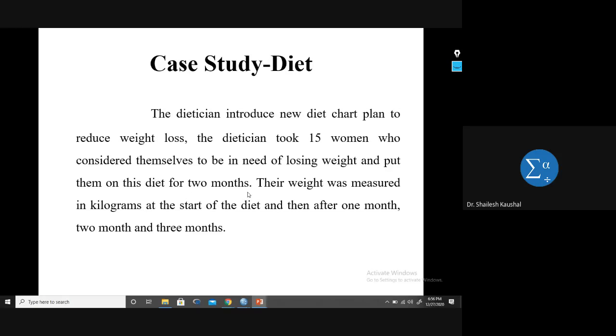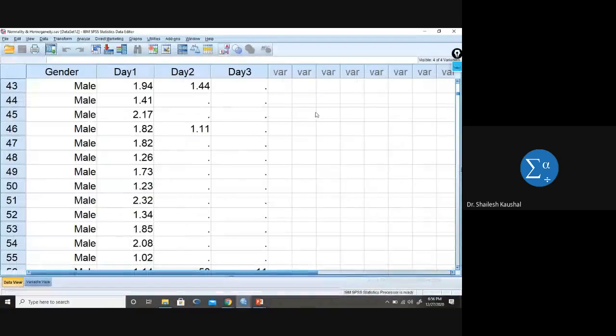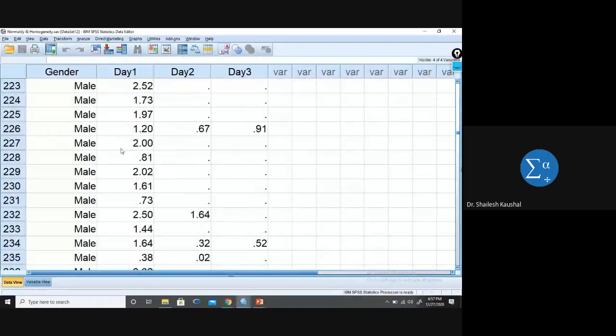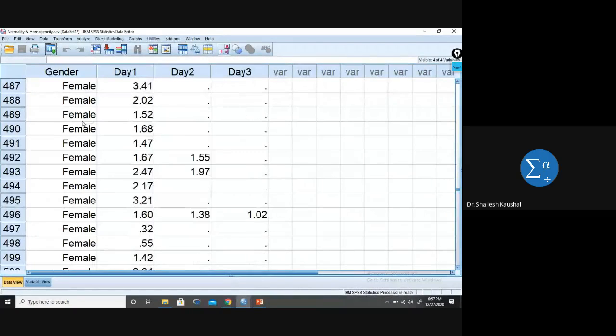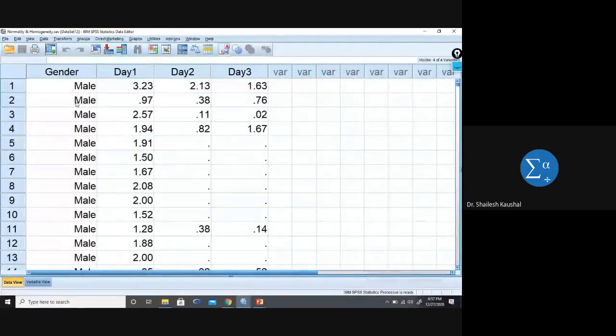Now I was talking about normality and homogeneity, how to find them for our data. In this case study, 800 participants, both male and female, participated in a music festival or some program. A biologist wants to know the hygiene condition on day 1, day 2, and day 3.